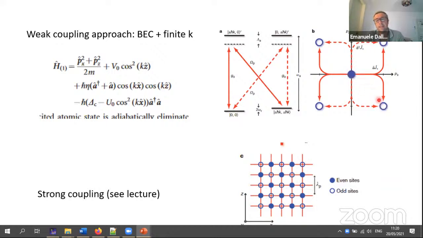Then after you cross the phase transition, there is a finite number of atoms that will be found in the finite momentum state. So this is a different description. There is also in the paper the description of even sites and odd sites that I gave you. So they sort of go in both directions. Eventually you end up with the same model, but it's just a different starting point.